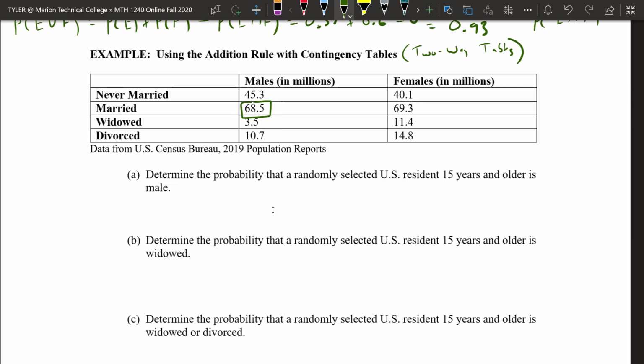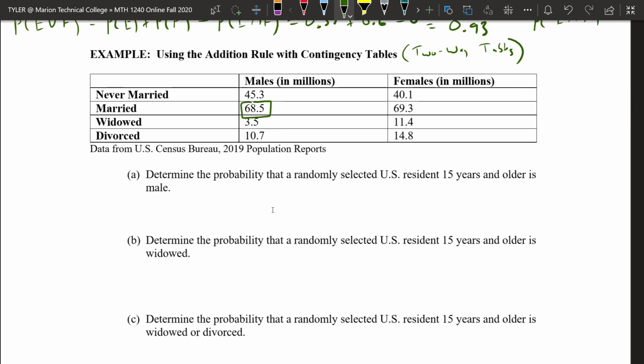So there's 68.5 million males that are married. This table gives us a summary of the marital status of males and females aged 15 and older in the US for 2019.